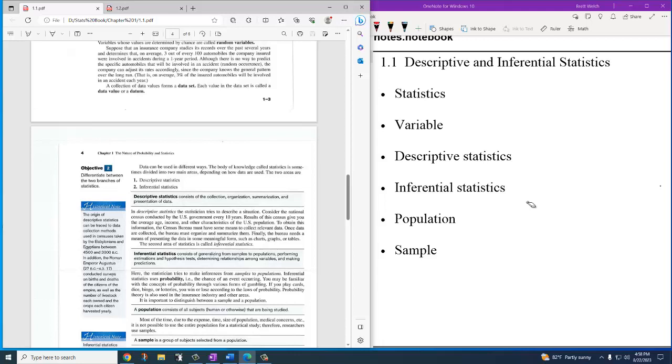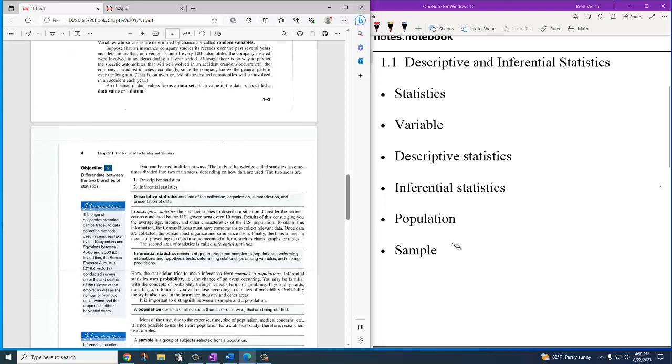Once data is collected, the Bureau must organize and summarize the data. Finally, the Bureau needs a means of presenting the data in some meaningful way, like a graph, a chart, or a table. That is called descriptive stats. We're collecting data, organizing it, summarizing it, like averaging, and then presenting it.